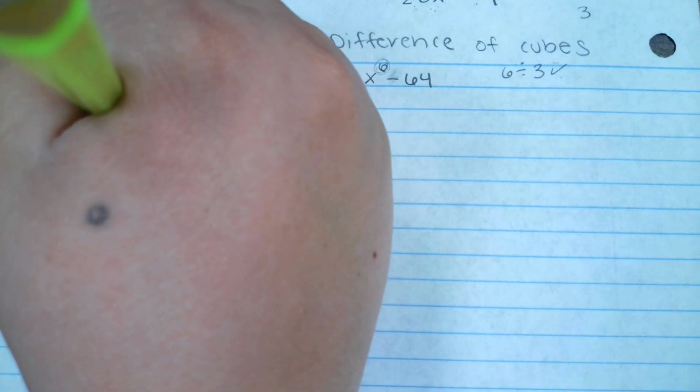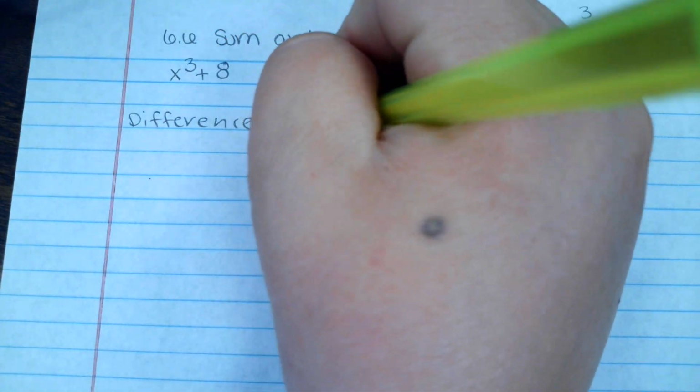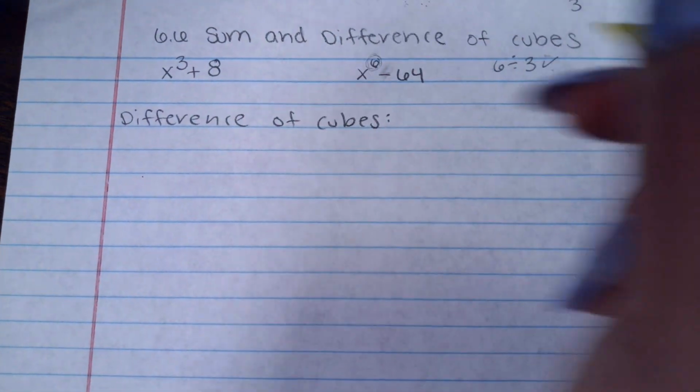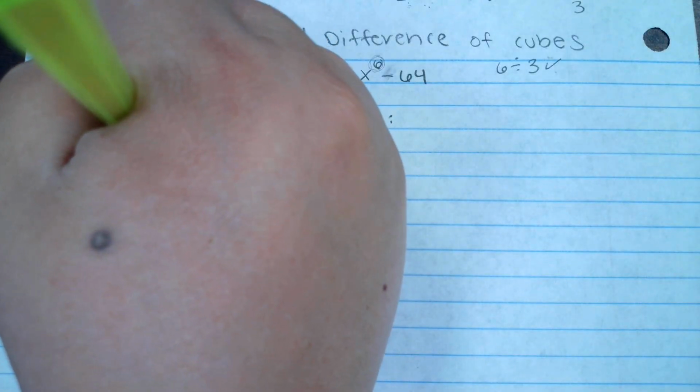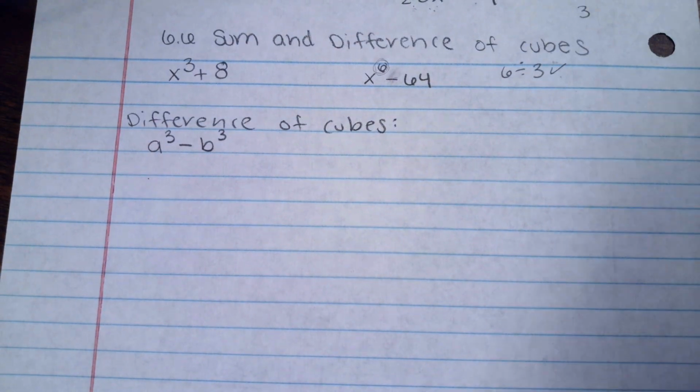Let's do difference of cubes first. So that's going to be when we're given something like a cubed minus b cubed. So two perfect cubes.